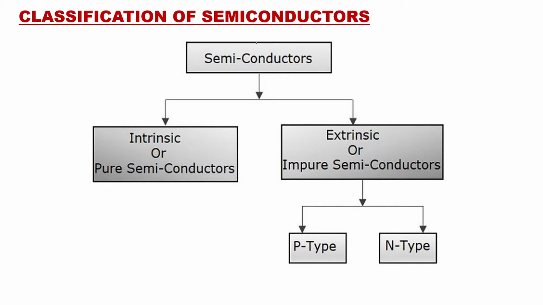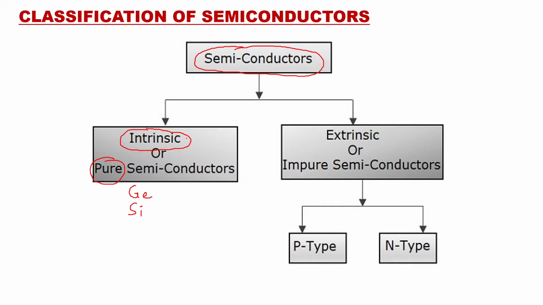This is your basic semiconducting material, the basic semiconductors. It can be classified into two. One is called intrinsic semiconductor, that is your pure semiconductor. Here you can give examples of germanium and silicon. These are your intrinsic semiconductors.